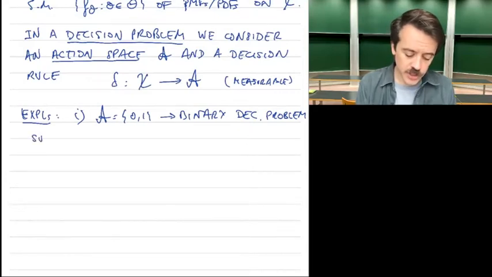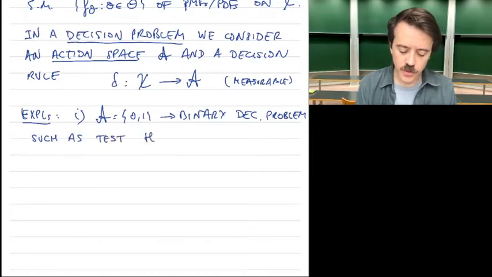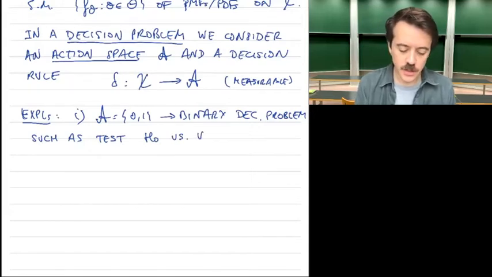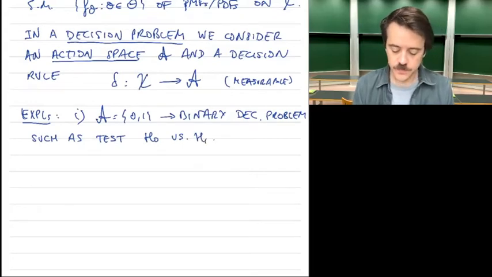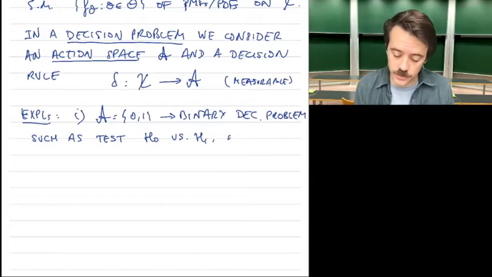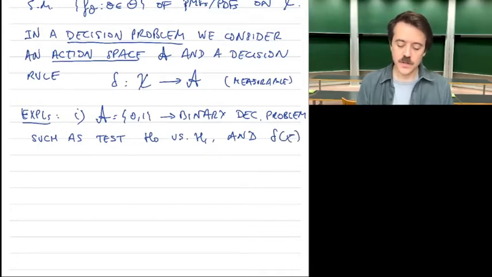Such as a test with the usual null hypothesis versus the alternative. And remember we need a decision rule, so we're going to take this delta of x.